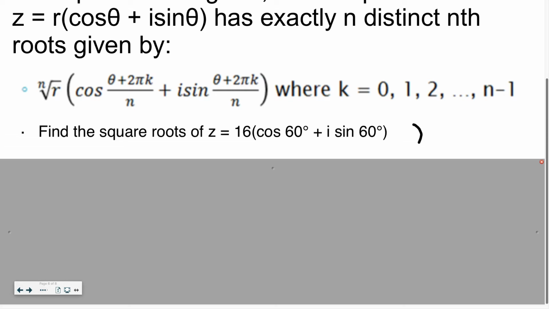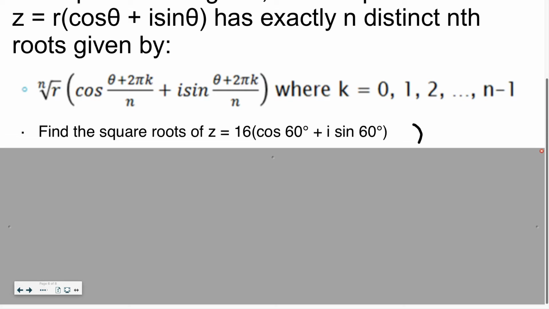So we're going to do at least 1.5 examples. We want to find the square roots of this number. I've given it to you in trig form just as our first example so that we can see what we need to do here.